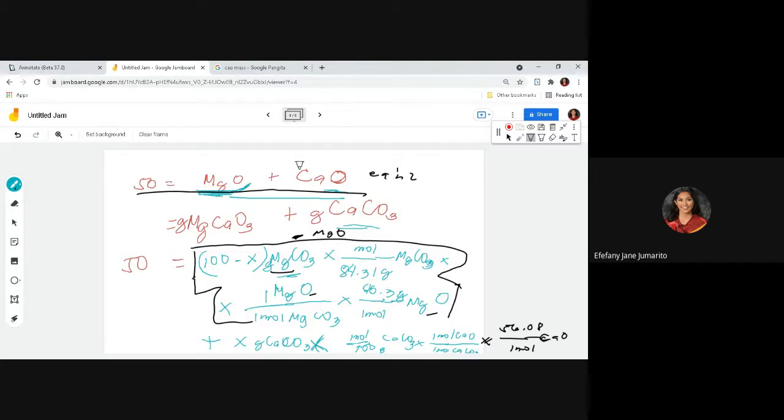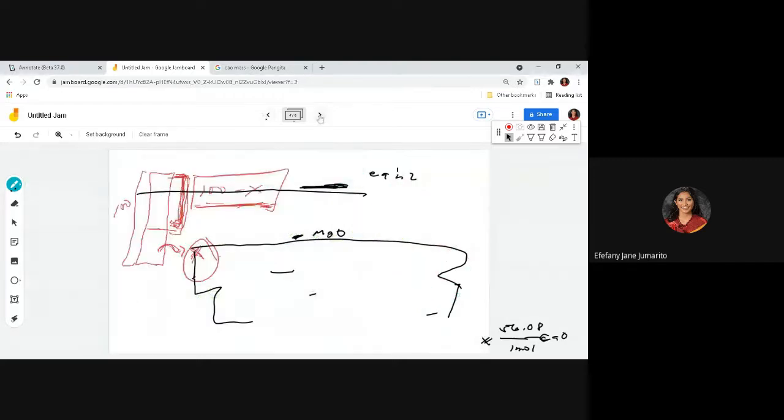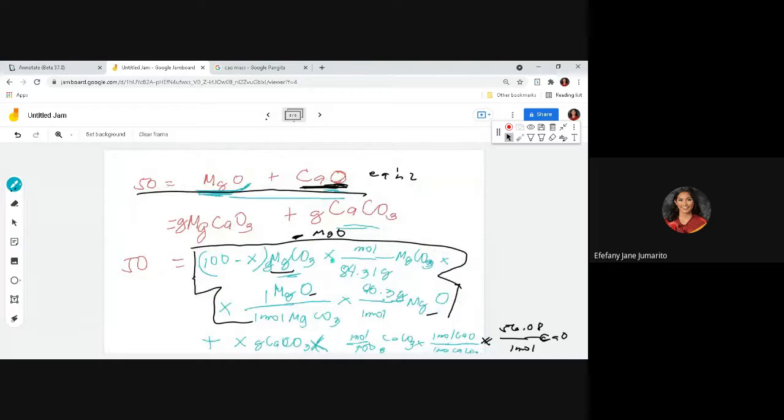And then plus the weight of your calcium oxide. We want to know the weight of the calcium oxide, but we don't know it. So we will use the previous given: the weight of your calcium carbonate is X. We will use the X of your calcium carbonate to get the weight of your calcium oxide.